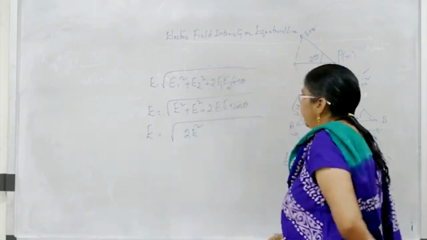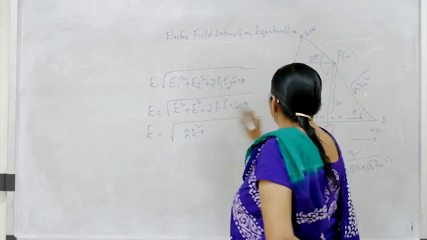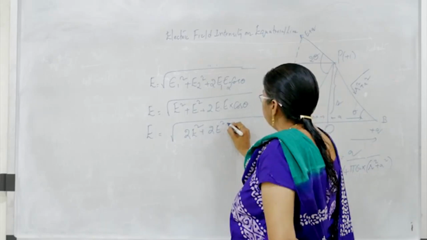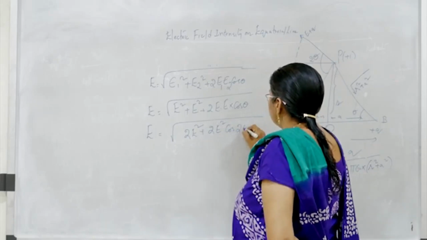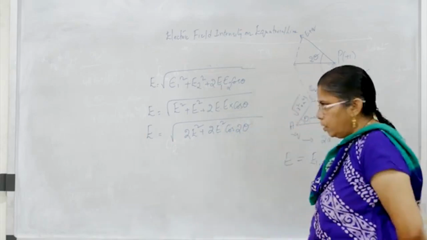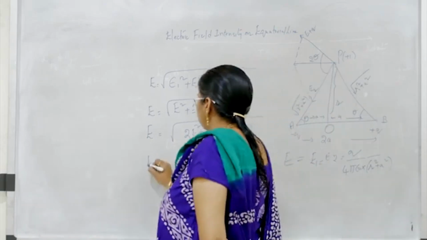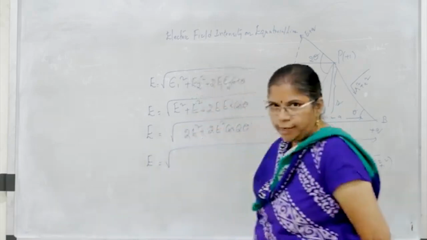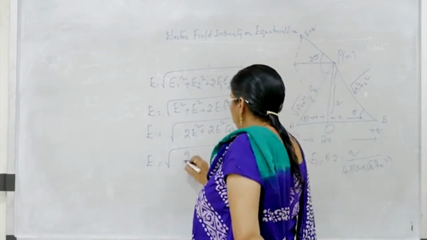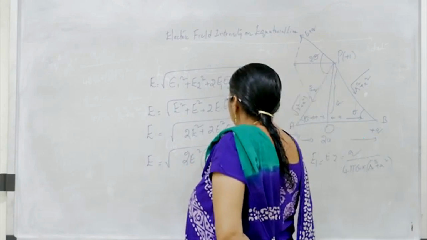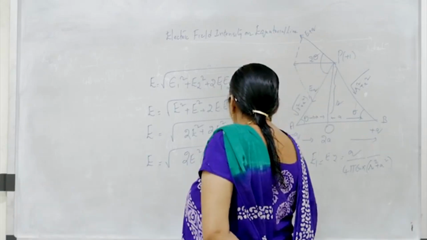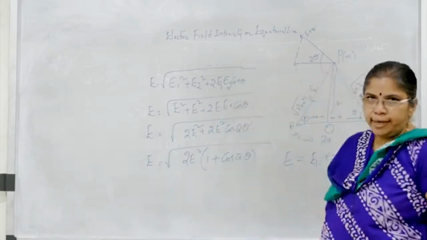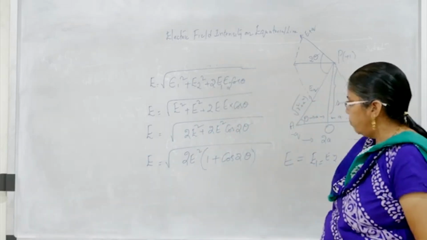In place of theta I put 2 theta because this is the total angle, so 2E square plus 2E square cos 2 theta. I take 2E square as common, so 2E square into 1 plus cos 2 theta.